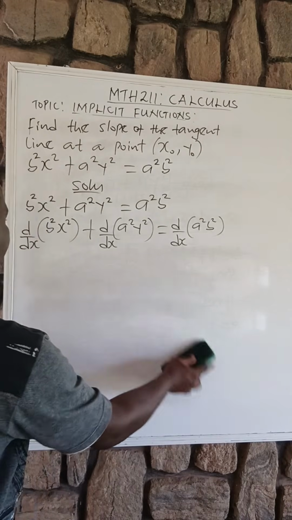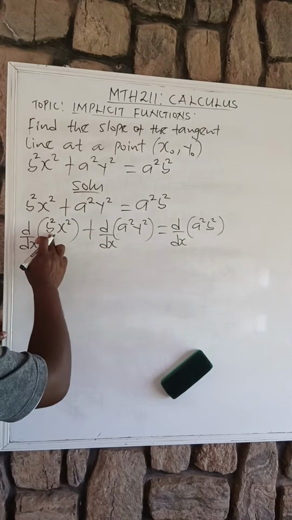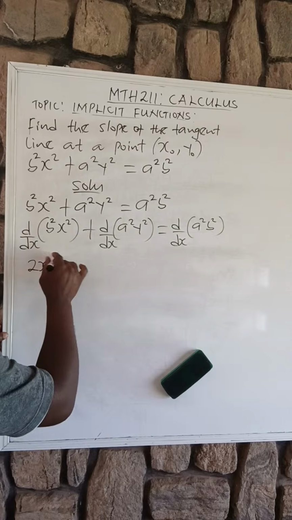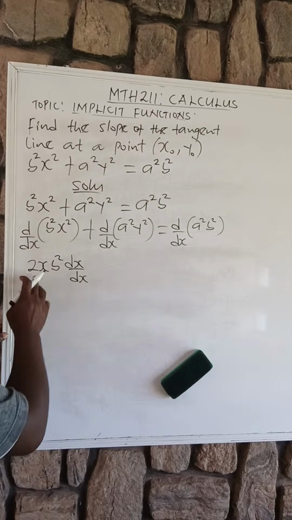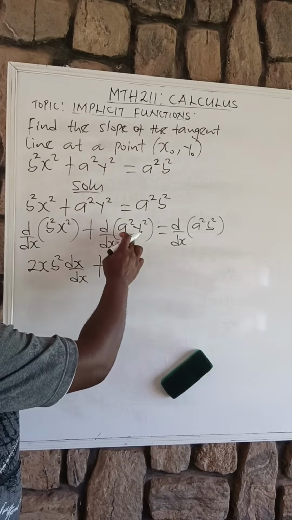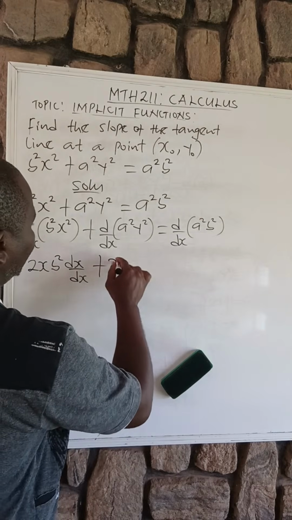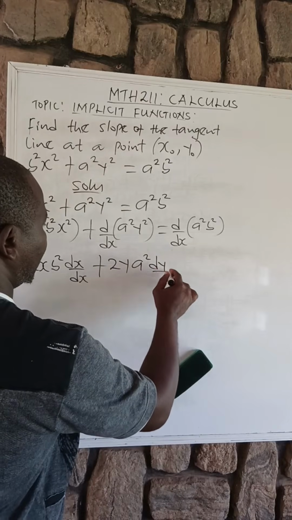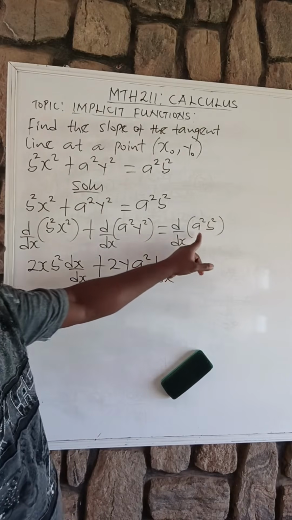So when you differentiate x squared, what are you supposed to have? You are supposed to have 2x. So multiplied by b squared, you are going to have 2x b squared, then dx all over dx, because we differentiated with respect to x. Then plus, the same thing applies here. When you differentiate y squared, you are supposed to have 2y a squared dy all over dx, equals to, who can tell us this?